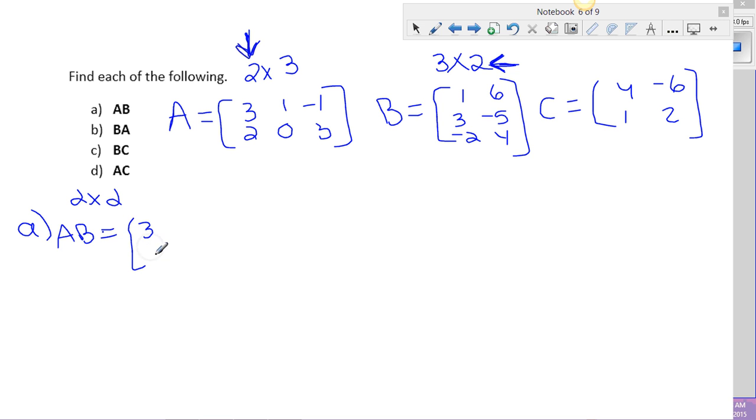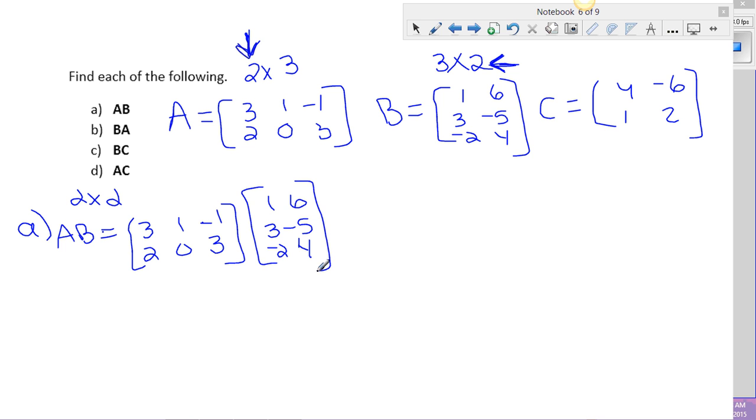So 3, 2, 1, 0, negative 1, 3, and then 1, 6, 3, negative 5, negative 2, 4. The way this multiplication works, again, it's going to be a 2 by 2.